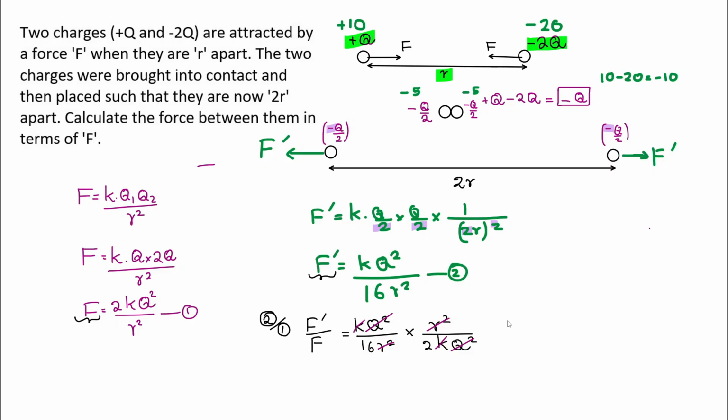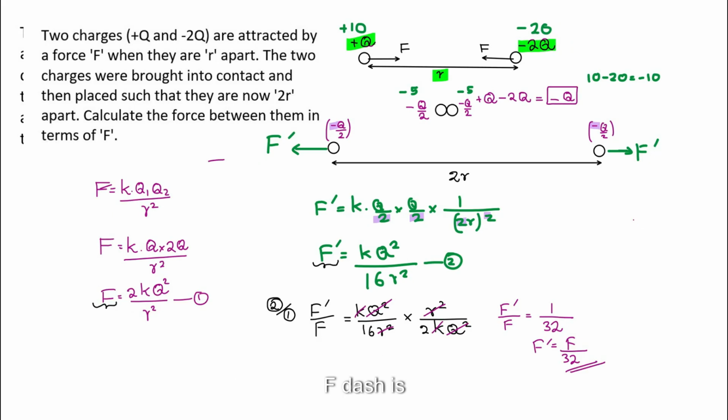So I get F dash divided by F is equal to 1 over 32. 16 times 2 is 32. So I can get the final answer: F dash is F over 32.